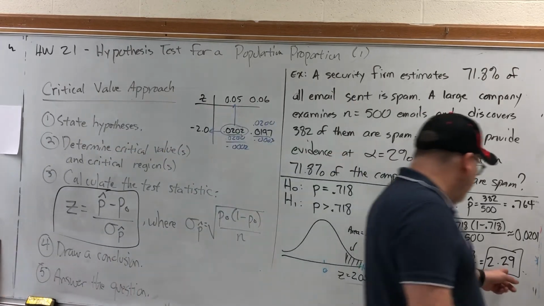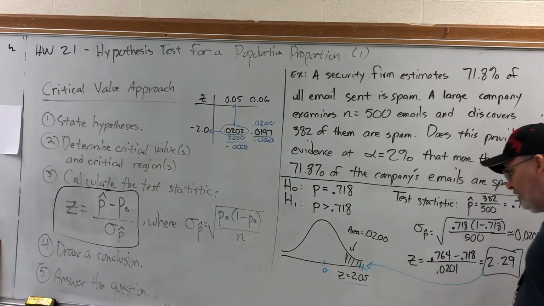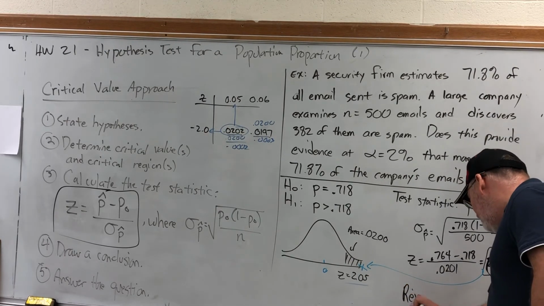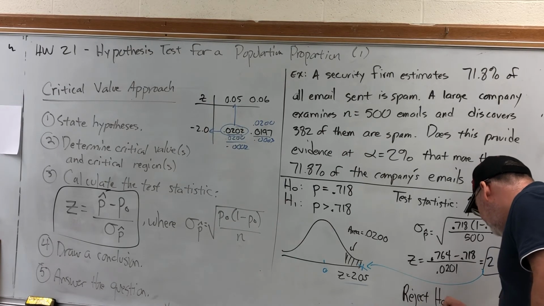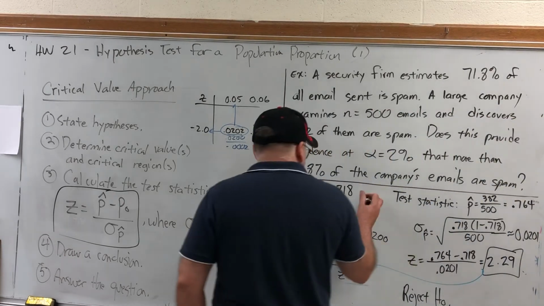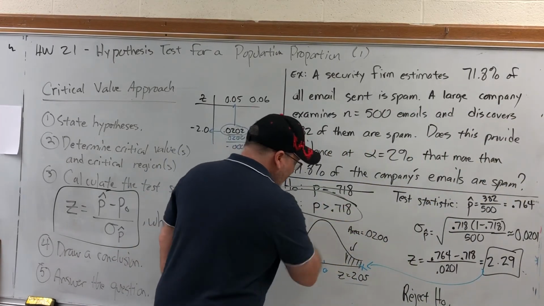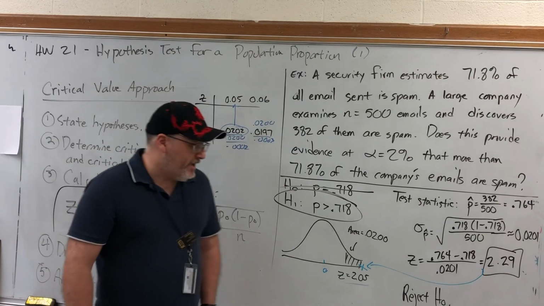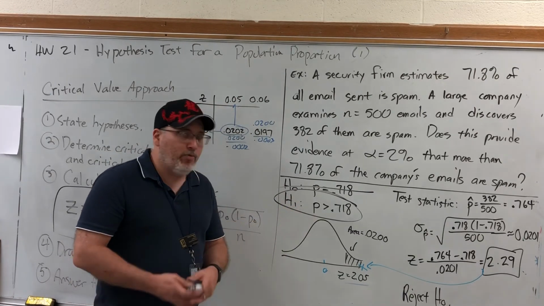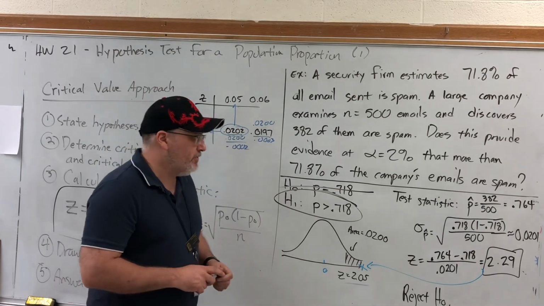And when the test statistic goes too far from the middle, we have sufficient evidence to reject the null hypothesis. So does this provide evidence that more than 71.8% of the company's emails are spam? Well, if we're rejecting the null hypothesis, then we're accepting the alternative in its place. Yes, that was strong enough evidence to conclude that more than 71.8% of the company's emails were spam.